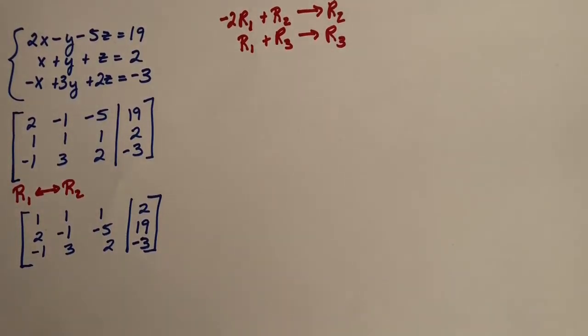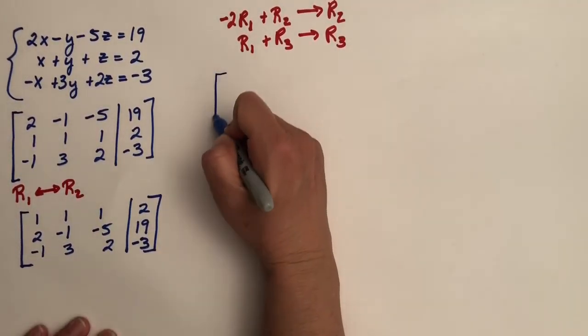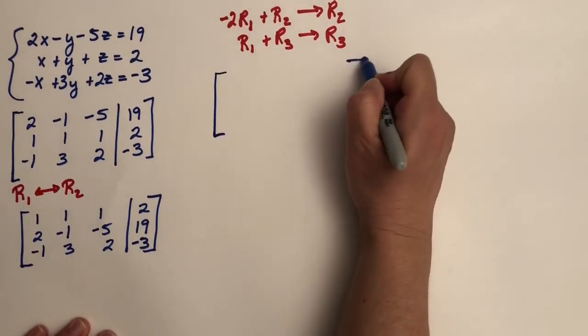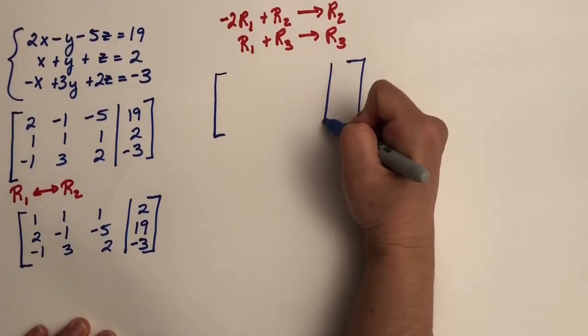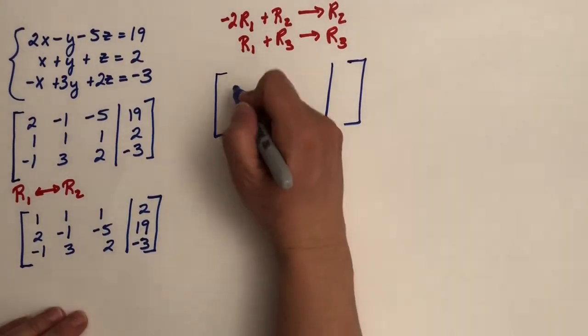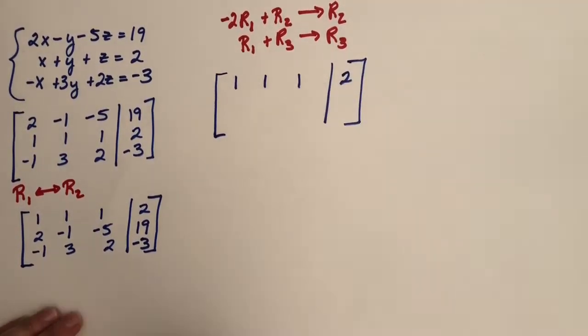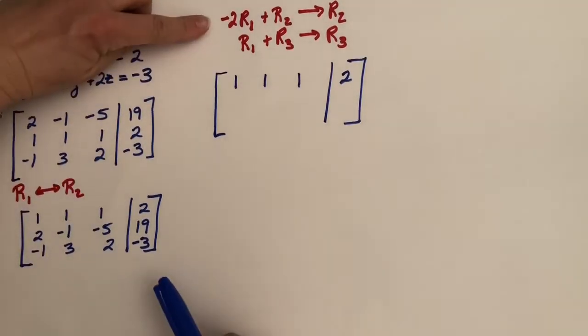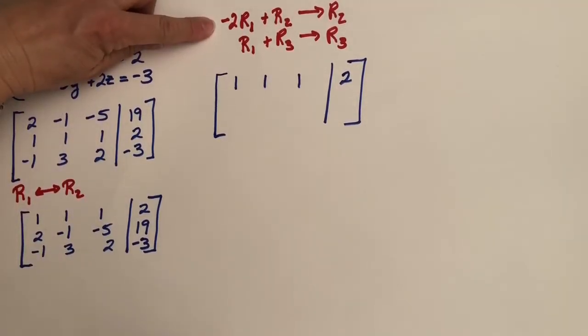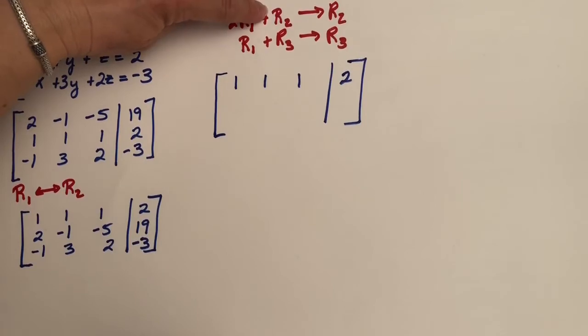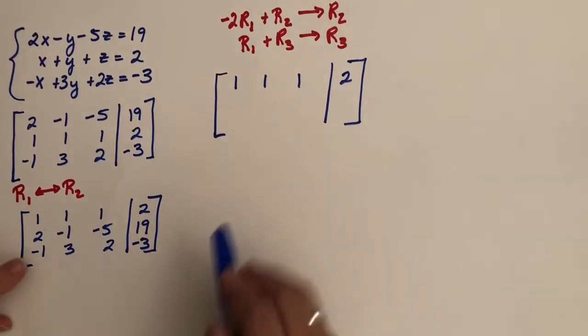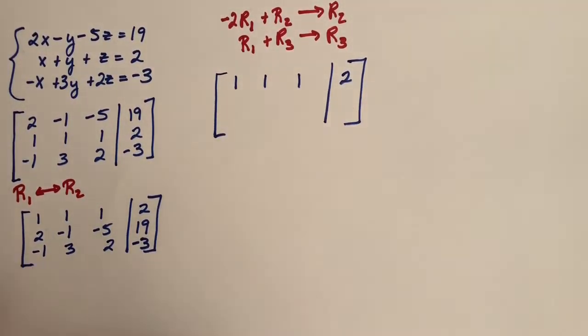So here we go. And if you need to, grab a piece of scratch paper. Let's see if we can do it. So keep row 1 unchanged. Now we're multiplying row 1 by -2 and adding it to row 2 and putting the result in row 2. So our result is going right here.